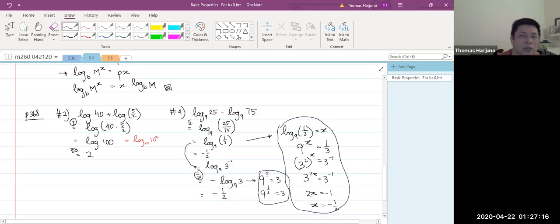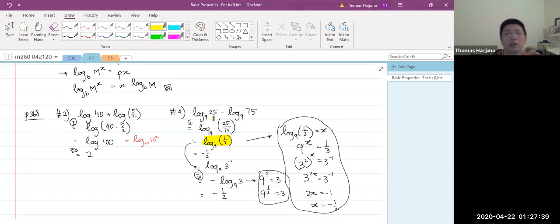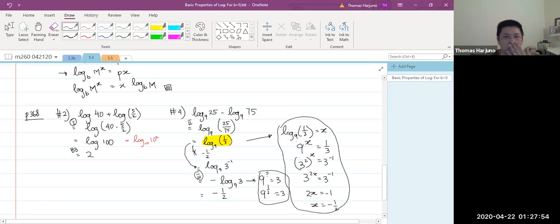So those are the two different ways to compute log base 9 of 1/3. One, you go on directly, or you see that as to the power of negative 1 first, and then you see log base 9 of 3, 9 to what power is 3? That's 1/2. The first way takes a longer explanation, the second way a shorter explanation. Either way you get negative 1/2.